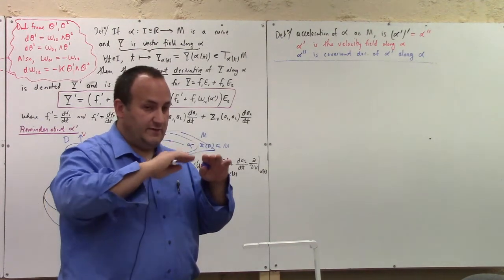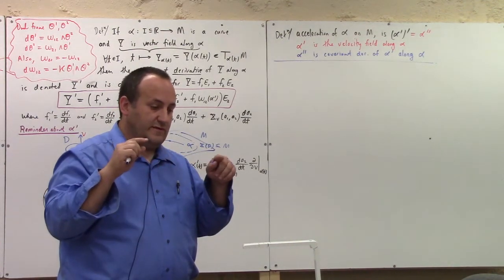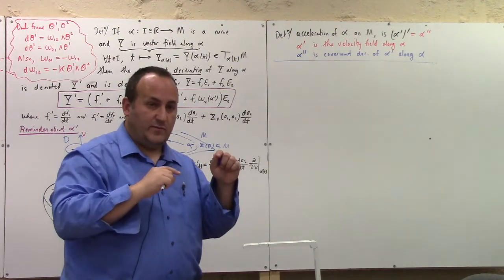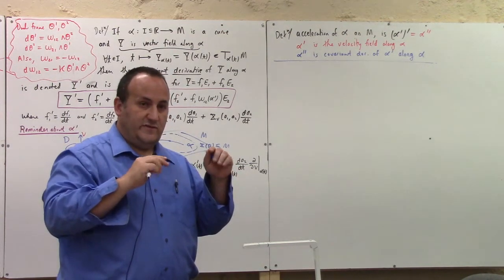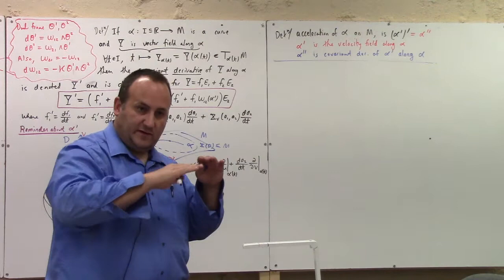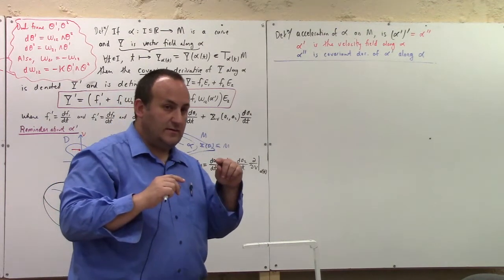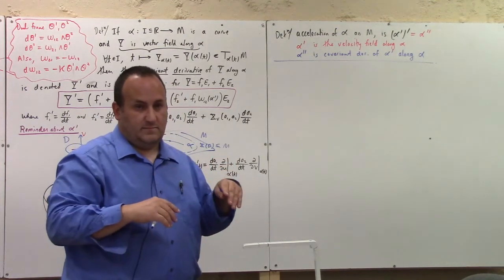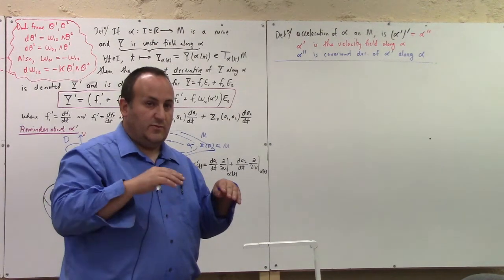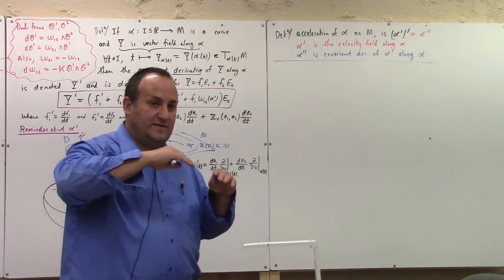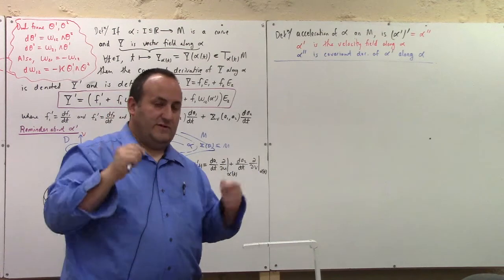The second derivative of the curve will give you an acceleration which has a tangential piece and a normal piece. The tangential piece will be tangent to the surface, but the normal piece need not be in the tangent plane.